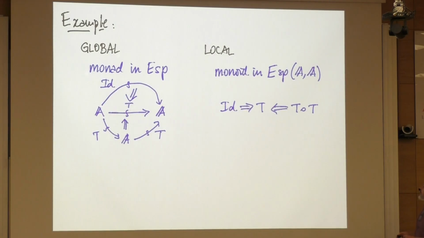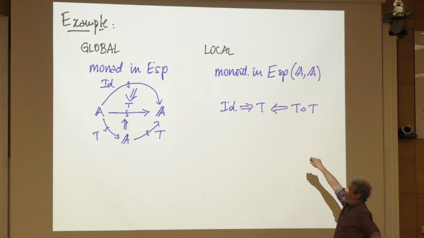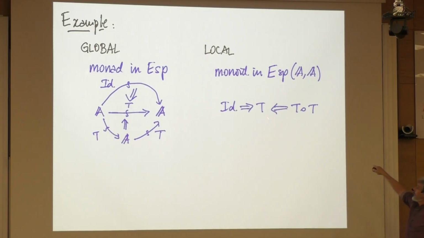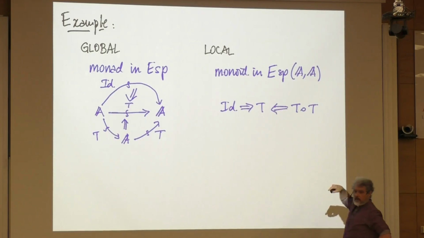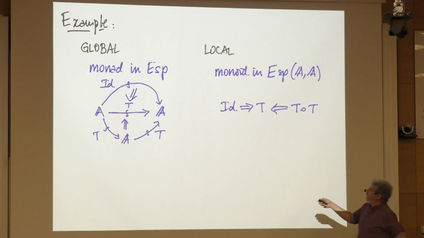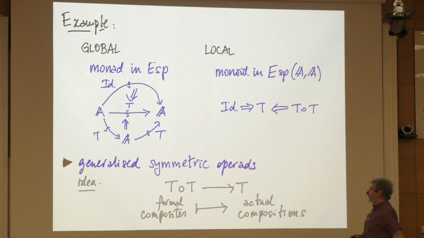So let me say a bit more about this view of global versus local. Globally, we talk about monads in bicategories. You see them as these. Locally, I can talk about monoids in the endohome monoidal category of an object. Okay? And passing from one to the other is going to be important.